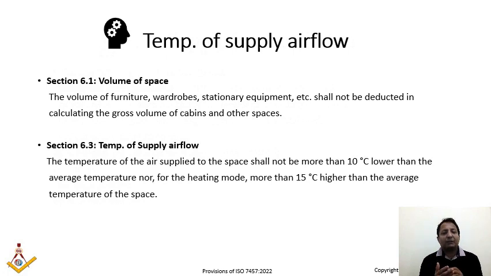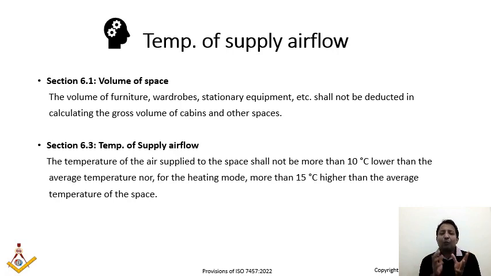This particular slide talks about the temperature of supply airflow. Let's go to section 6.1. It talks about the volume of space. It says the volume of furniture, wardrobe, stationary equipment, etc. shall not be deducted in calculating the gross volume of cabins and other spaces. As you know, when we calculate the ventilation air, there are certain air changes we need to consider. So when we consider the air changes, we need to calculate the volume of the room also.